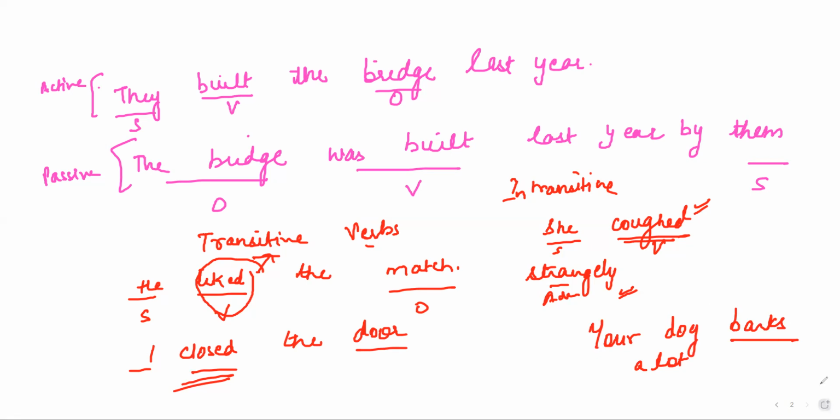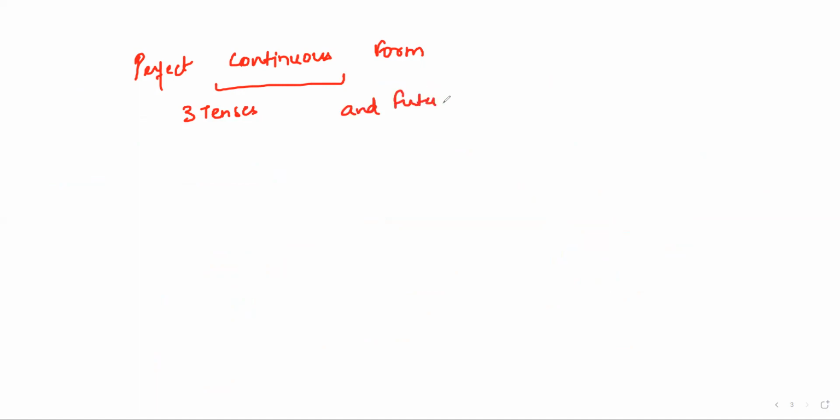Now, before I start explaining the rules, just remember that the perfect continuous form of all the three tenses and the future continuous form cannot be changed into passive voice.